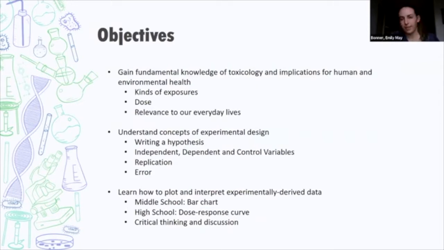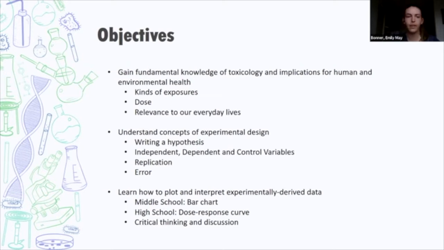Some of the more specific objectives that we were hoping to hit with this activity, as far as concepts, were different kinds of exposures to different types of chemicals that you might be exposed to, the concept of dose, or how much of a chemical you're exposed to, and relevance to our everyday lives.